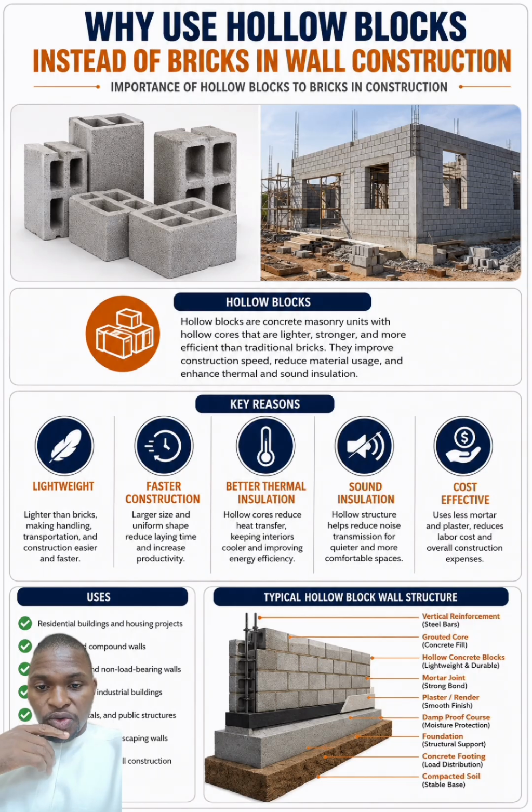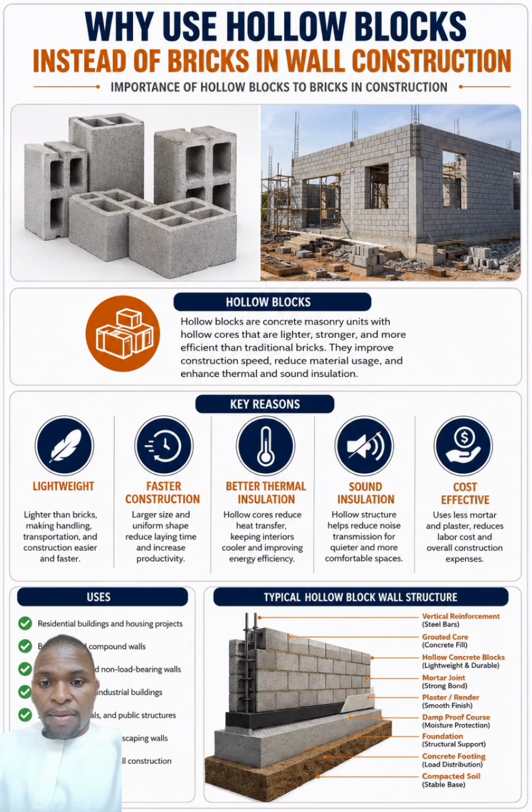Then the second point is faster construction. Larger size and uniform shape reduce laying time and increase productivity. It reduces the time of laying the blocks because of the size. It is larger. I think one hollow block is almost more than the brick size, times maybe 6 to 7 to 10, depending.